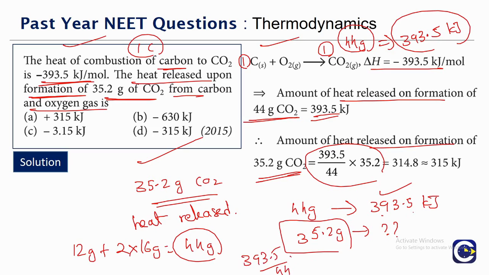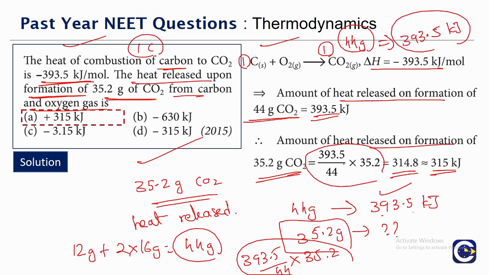Then we multiply by how many grams we require. So the heat released is 393.5 divided by 44 into 35.2. Simplifying, it comes to 314.8, approximately 315 kilojoules. The unit will be in kilojoules.